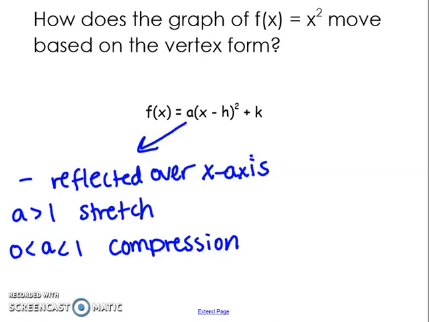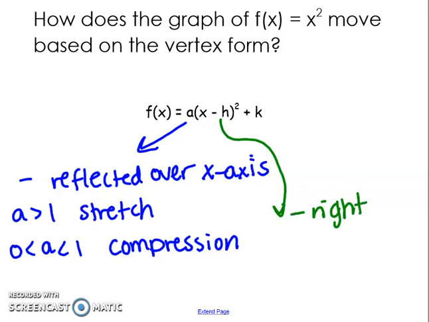Then we have the h in the x minus h squared section, and that is going to determine where it moves, left or right. If you have a negative h there, that means that it's going to move to the right that many spaces.